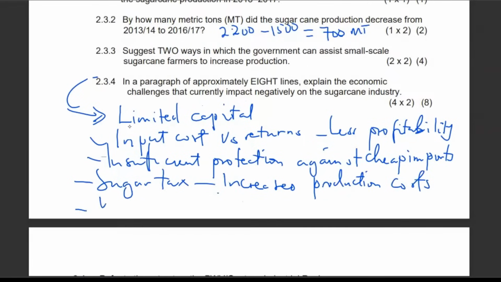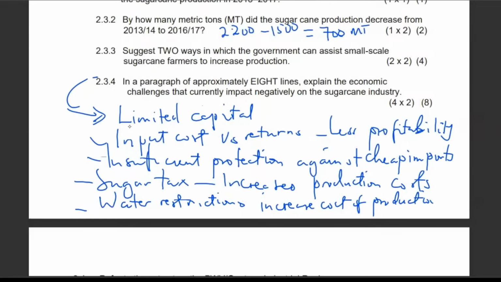Then you can also look at other things like water restrictions. Water restrictions increase the cost of production. If water is being restricted, ultimately the farmers are made to find other alternative ways of providing water for themselves.